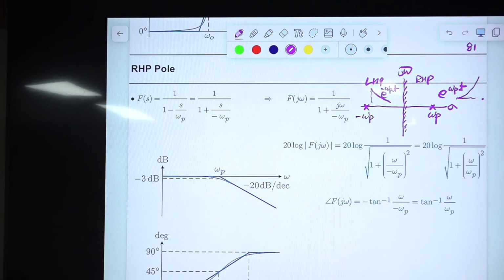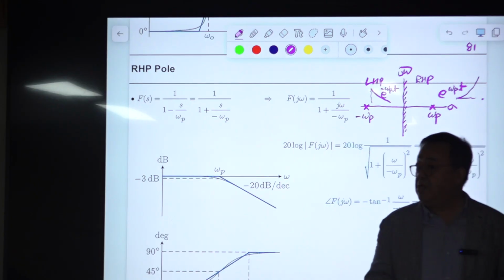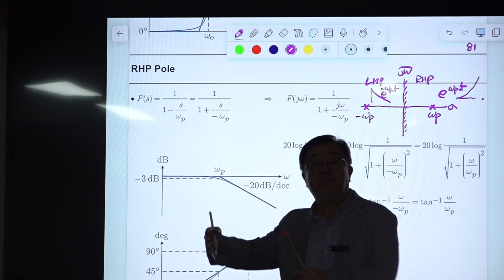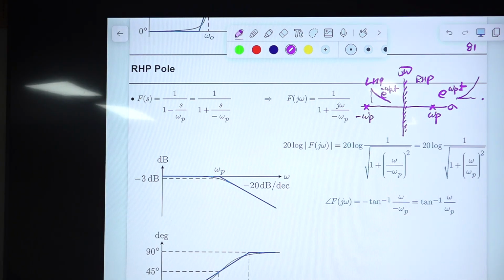I think I told my students the following several times. In nature, everything is stable. Suppose something was unstable, like a rock on the ground or on the mountain, and the rock looks like this. This is unstable.